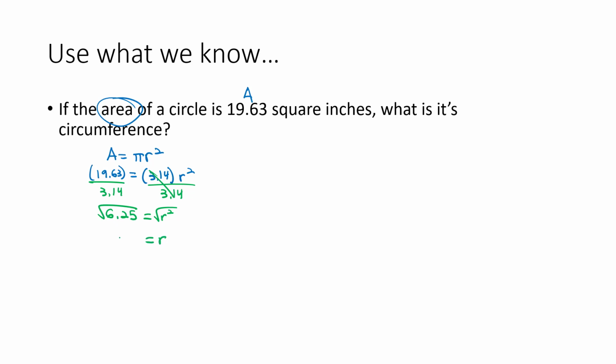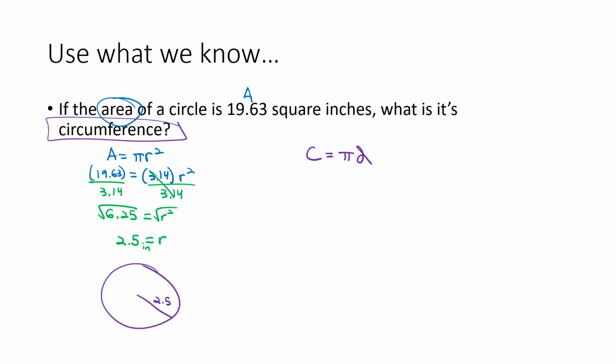And r, my radius, is 2.5 inches. But the question didn't ask for the radius. The question asked for the circumference. And circumference is equal to pi times the diameter.